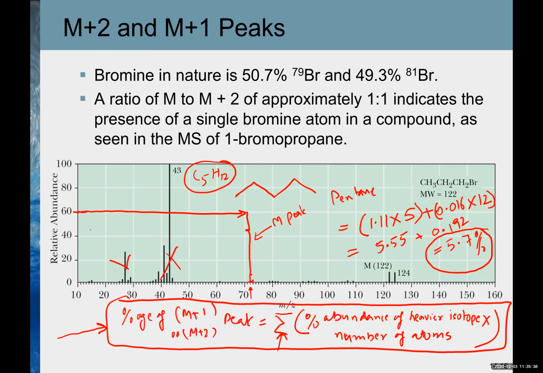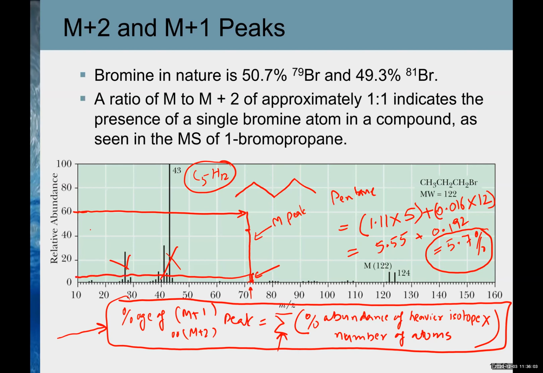It is 3.6. So the M plus 1 peak will be only about 3.6.